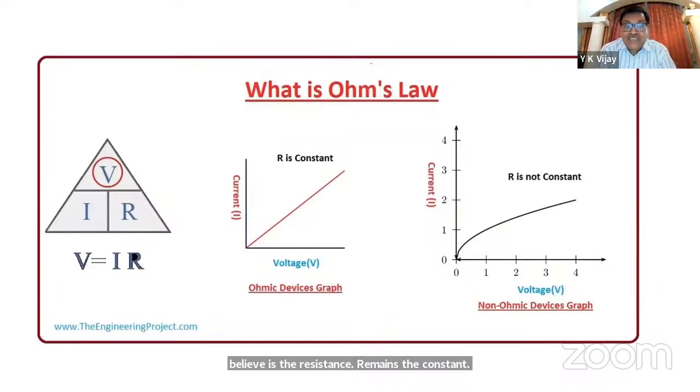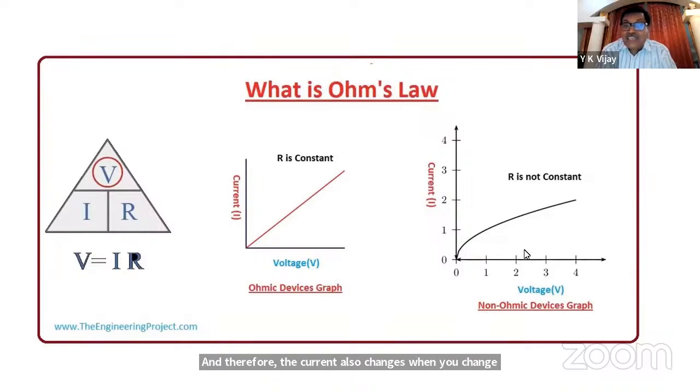But practically, when you apply biasing and some current flows through any resistance, it gets heated up. And once it gets heated up, the value of the resistance changes, and therefore the current also changes when you change the biasing.